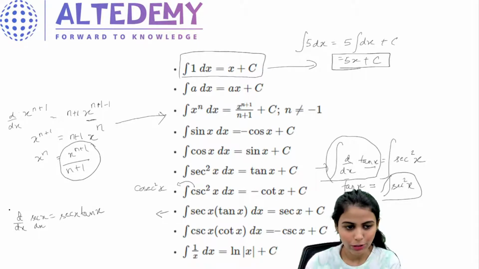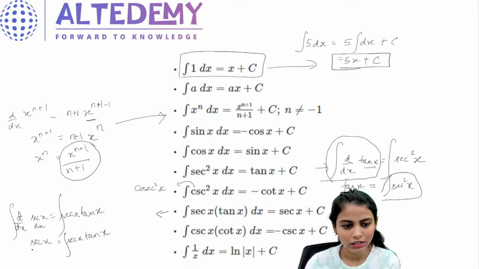We are doing it with respect to x. Now integrating it, we get sec x is equal to sec x tan x plus c. So this is our answer. Same thing, right?